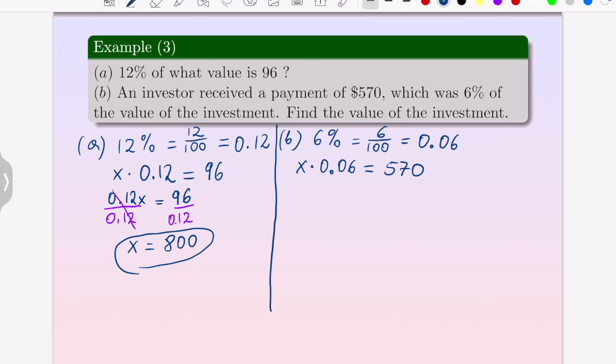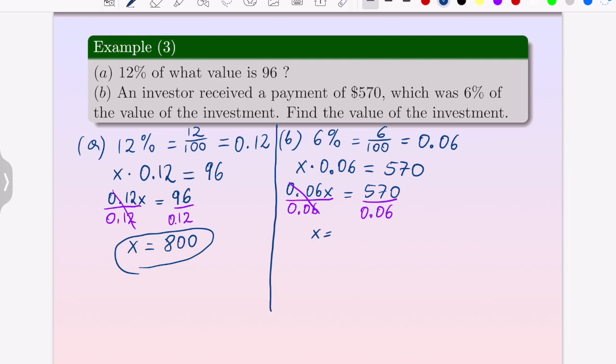So x times 0.06 is 0.06x, and this is equal to 570. To solve it for x, we divide by 0.06, divide by 0.06, this cancels out, and then we simply use the calculator to divide 570 by 0.06.